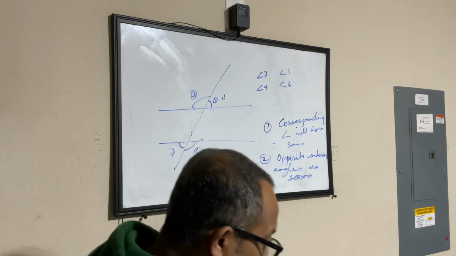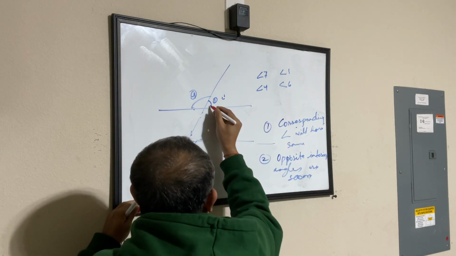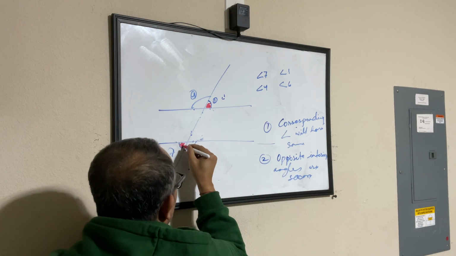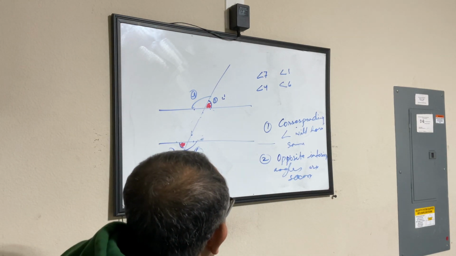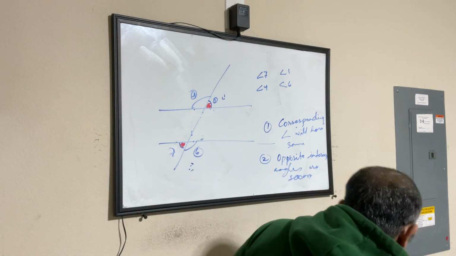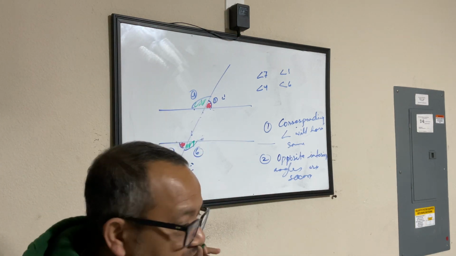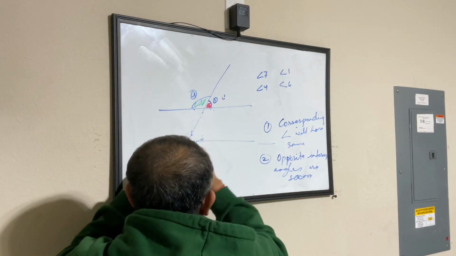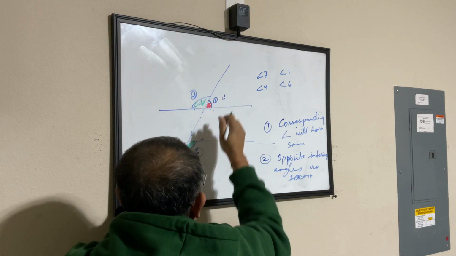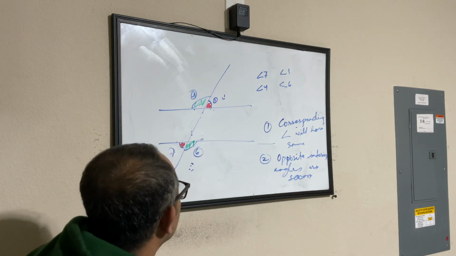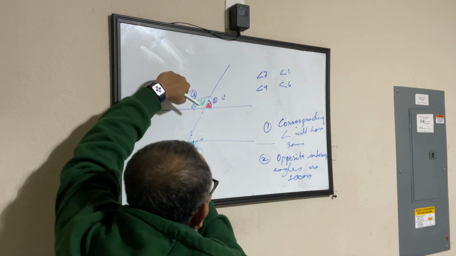Okay, so here what I got confirmation from you guys is that angles 1 and 7, meaning this red one and this red one, are called opposite exterior angles, and 4 and 6 are the other opposite exterior angles. First thing we are checking: these two are opposite, meaning on different sides of the intersecting line, so that is true, and both are exterior also, so they are opposite exterior angles. Similarly, 4 and 6 are the same thing.